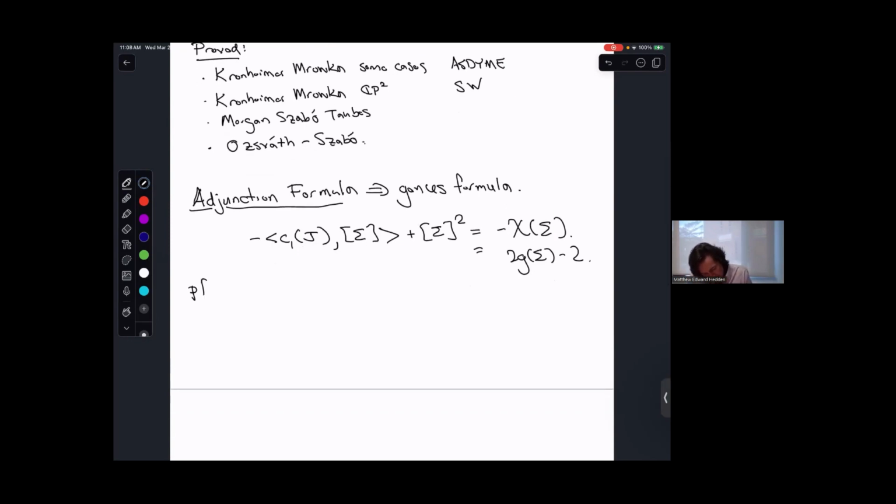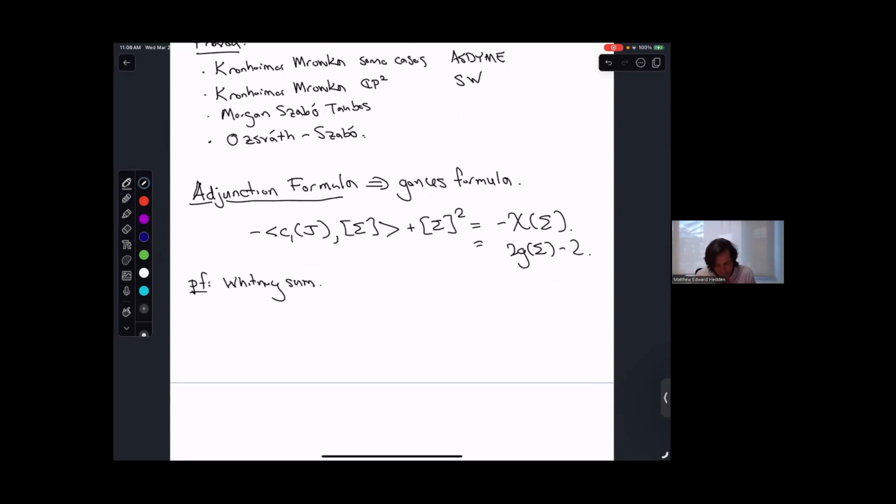The proof of this is just the Whitney sum formula. The fact that this is a complex curve, or more generally a symplectically embedded surface, gives us a splitting of the tangent bundle to X along sigma. It splits as the complex tangent bundle of the surface plus the normal bundle.